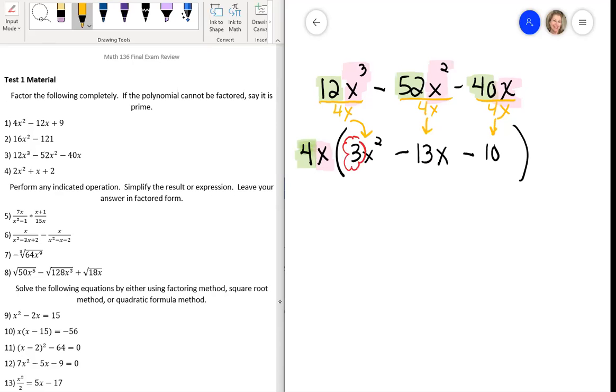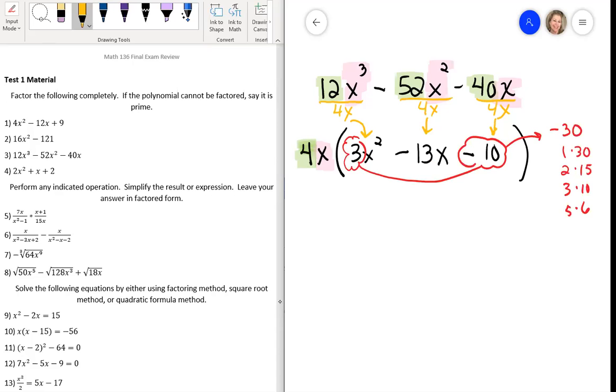I take the 3 and multiply it times the negative 10, which is negative 30. Then I look at all of the factors of 30.